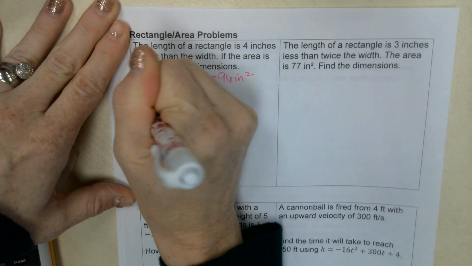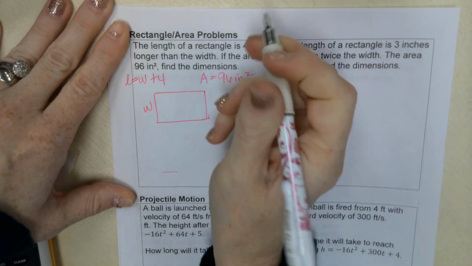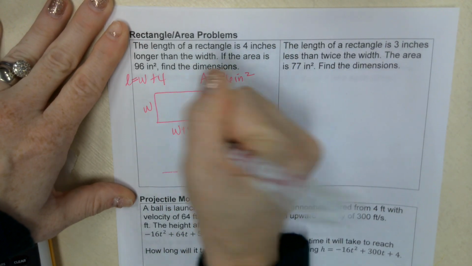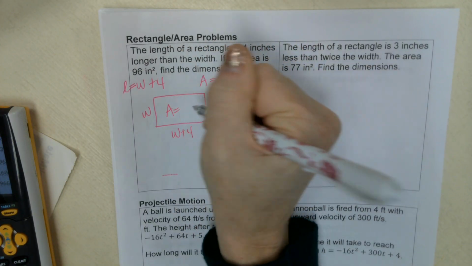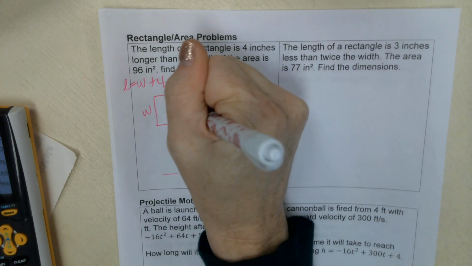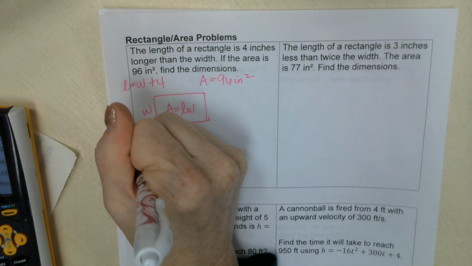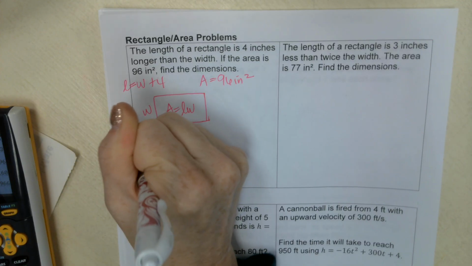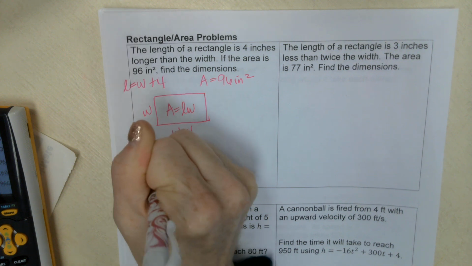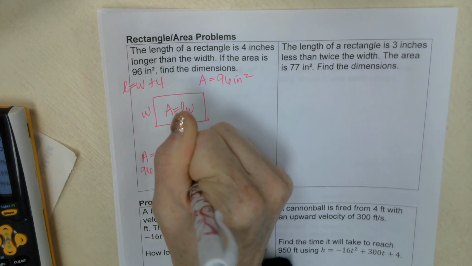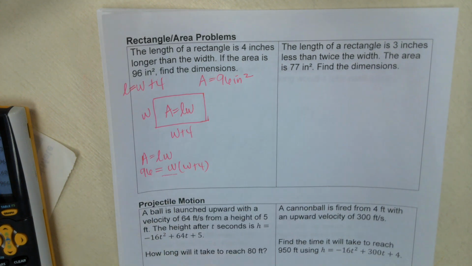Well, if this is the width, then the length is the width plus 4. How do I find the area of a rectangle? Length times width. So I'm going to say that the area, length times width, is 96 equals W times W plus 4.